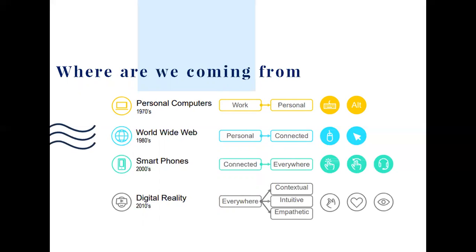And then came the internet revolution, then the smartphone buzz. And now we see ourselves in a digital reality where everything and everyone are connected. This is where virtual reality fits in, and that's what we are going to see today.